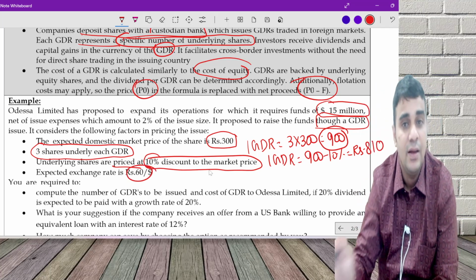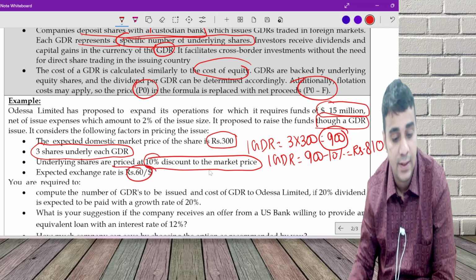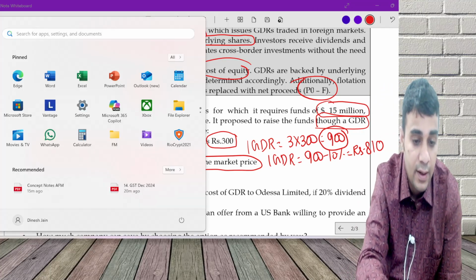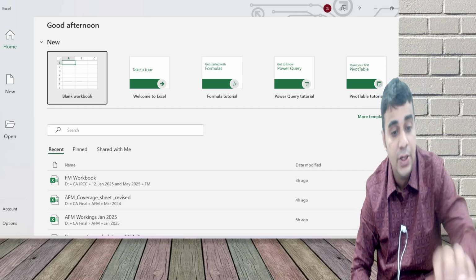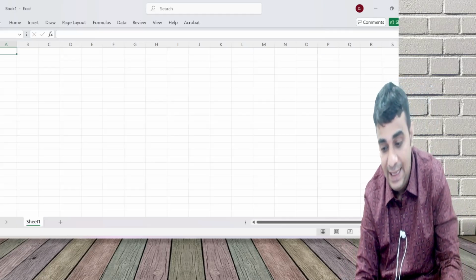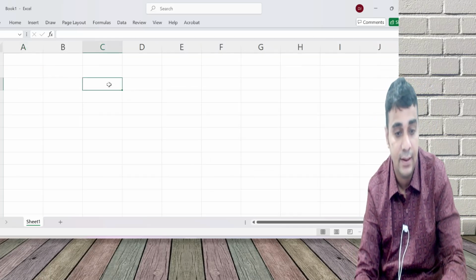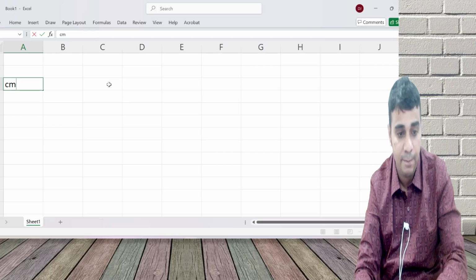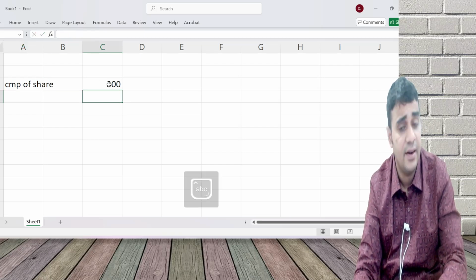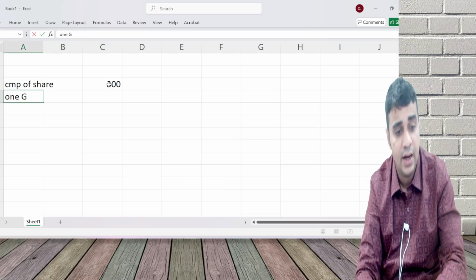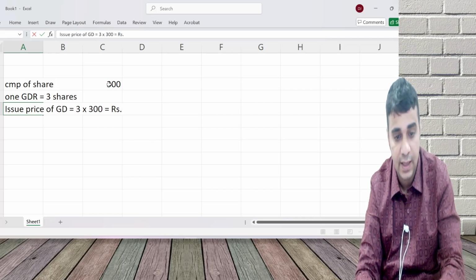It doesn't end here; then there is the exchange rate. This is important because the GDR will be issued only in foreign currency, not in Indian currency. The current market price of a share is 300, and one GDR is equal to 3 shares, so 3 into 300 is 900.